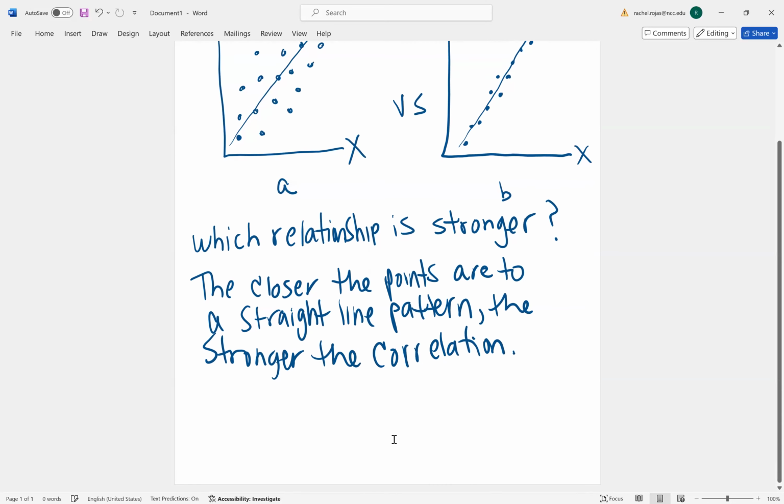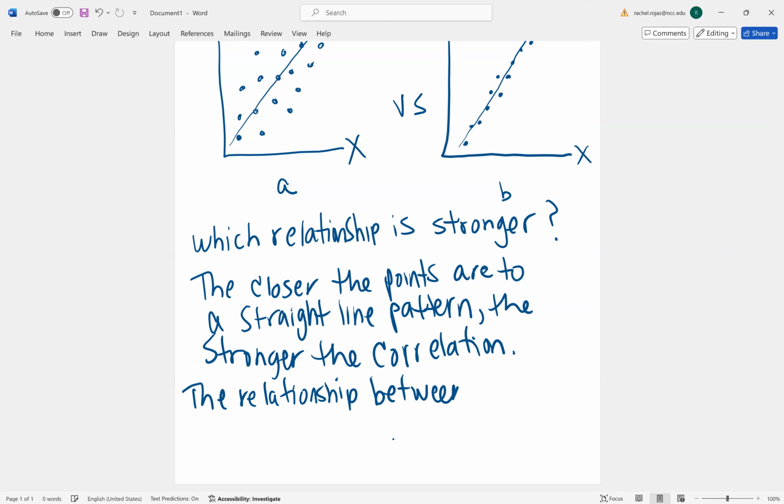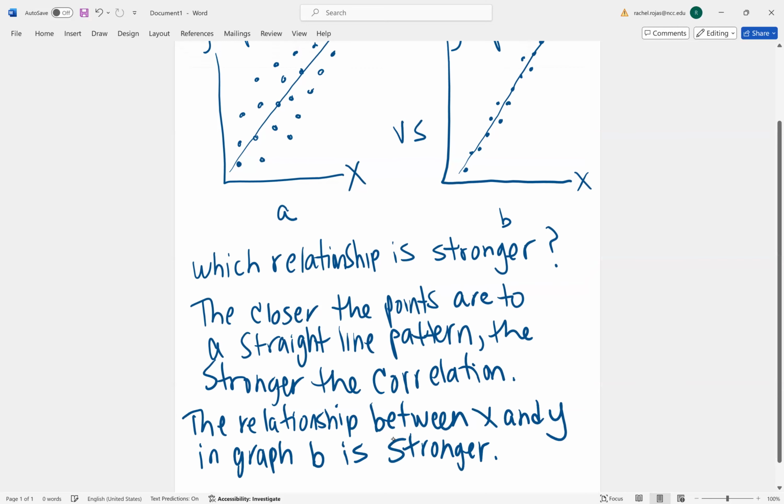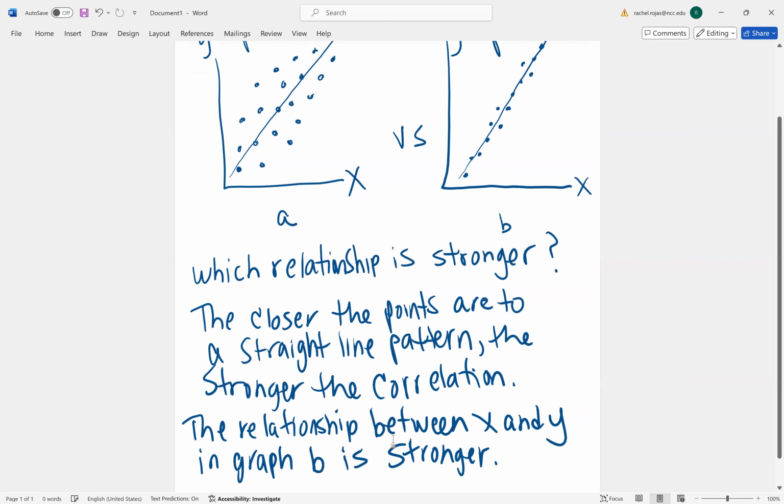So with that being said, the relationship between X and Y in graph B is stronger because we definitely see that more definitive line pattern, right?